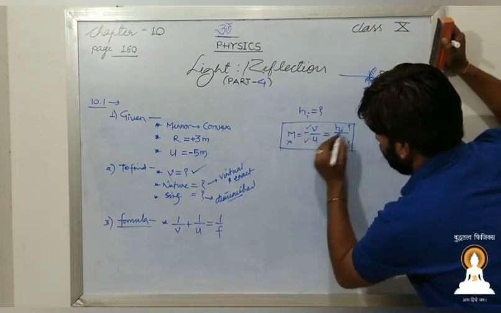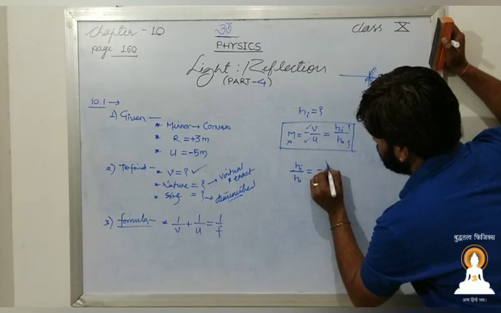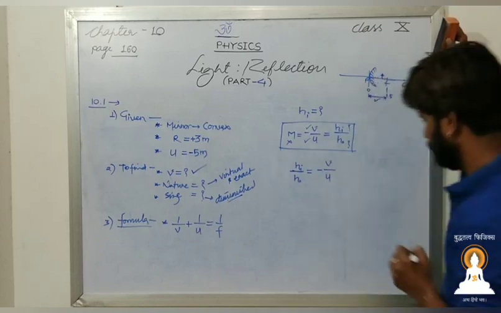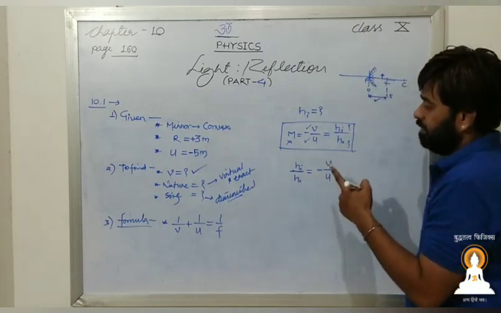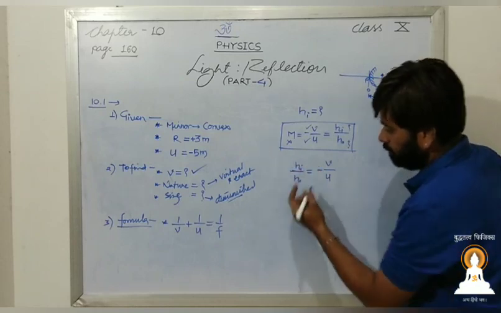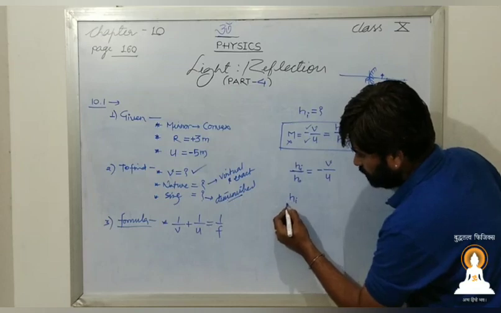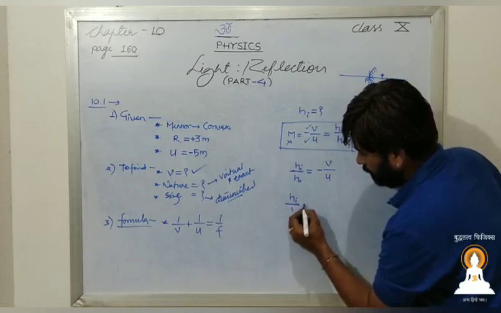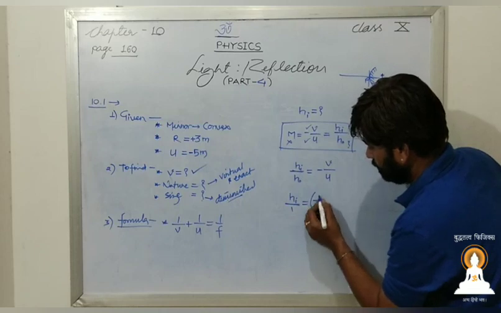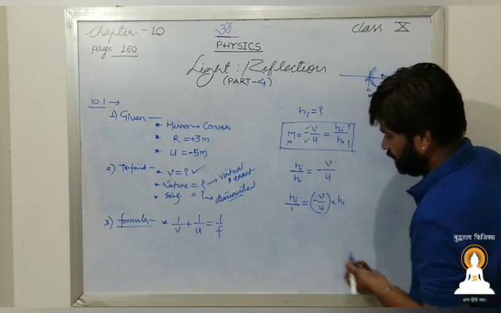So height of image upon height of object is equal to minus v upon u. The thing which is to be found out should be on one side and the rest on the other, so let us cross multiply. Height of image upon 1 is equal to minus v by u into height of object.